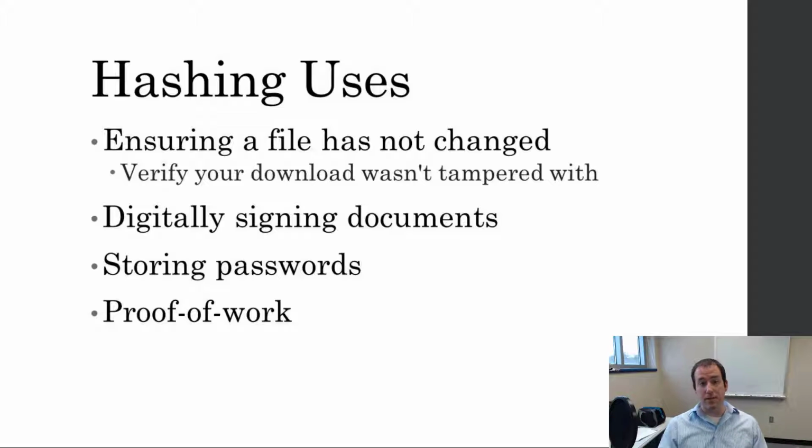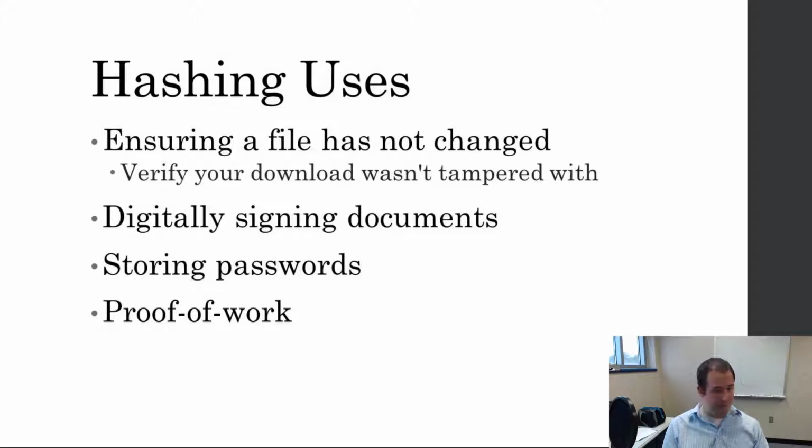This is used for digitally signing documents. When we talked about asymmetric encryption, we talked about digital signatures and how you use your private key to digitally sign a document. Well, part of doing that is creating a hash of the document, and that makes sure that the message hasn't changed. So you are signing it, verifying that you are the person who wrote it using your private key, and you're creating a hash of the document, verifying that the message hasn't changed, because on the receiving end, you're running that hash again, verifying that the message hasn't changed since it was sent and since it was signed.